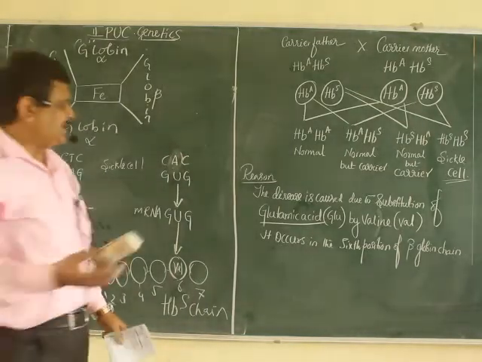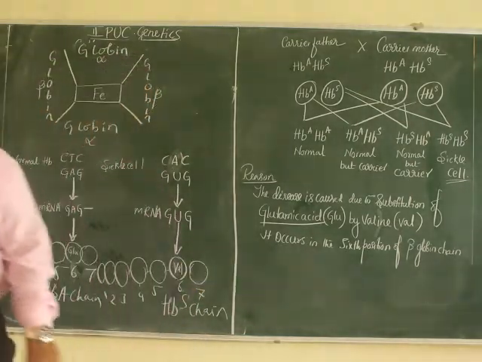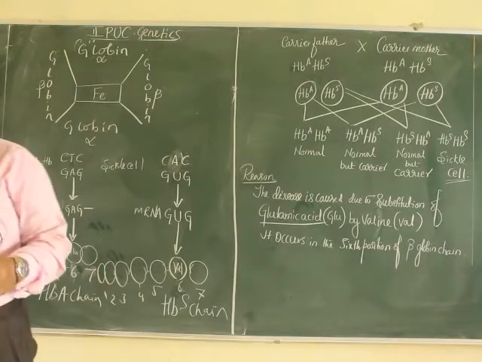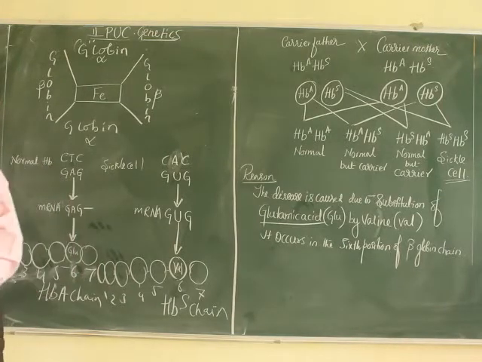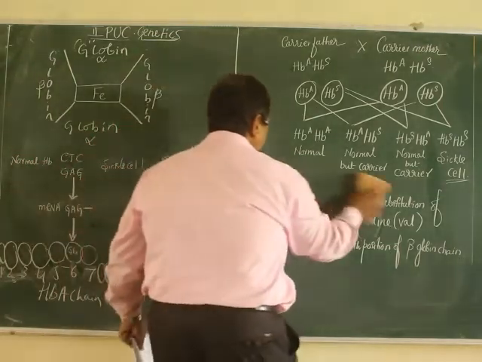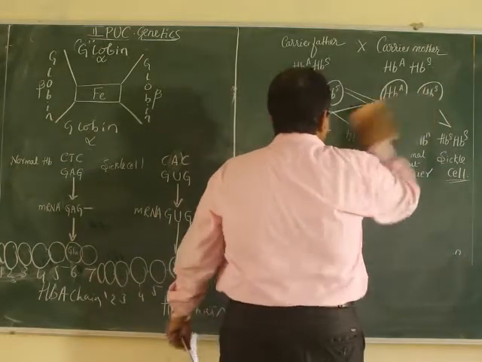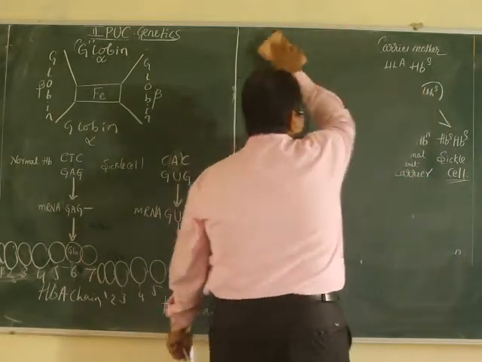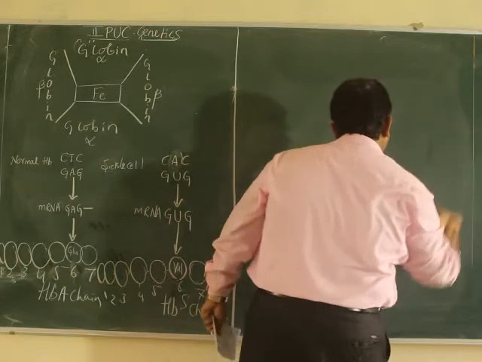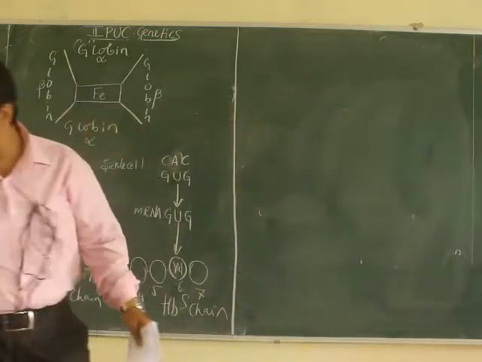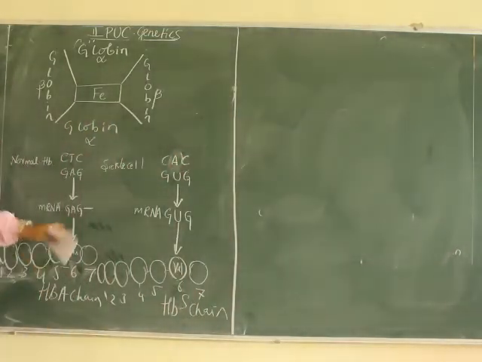Now let us move to the next aspect. What is the point mutation that occurred here? The normal mRNA started coding as GAG.